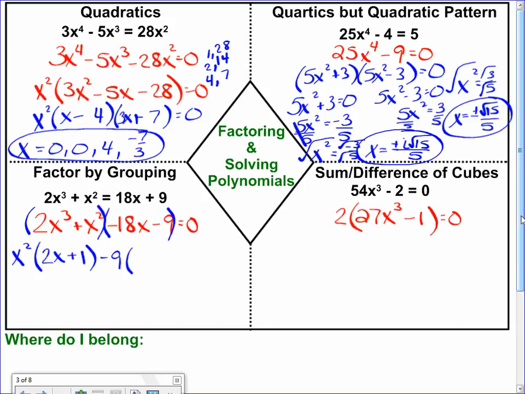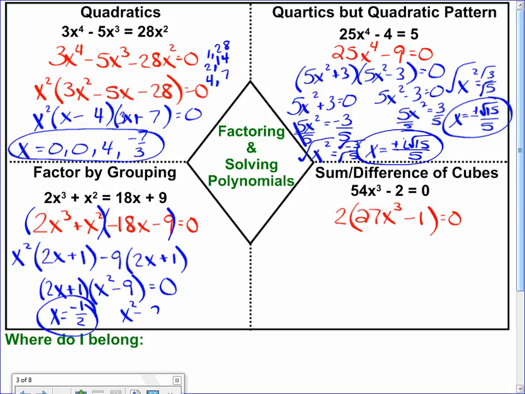Good. What's left? Plus 1. Common parenthesis? Leftover? Good. Set each one equal to 0 and solve. Good. Negative 1/2.